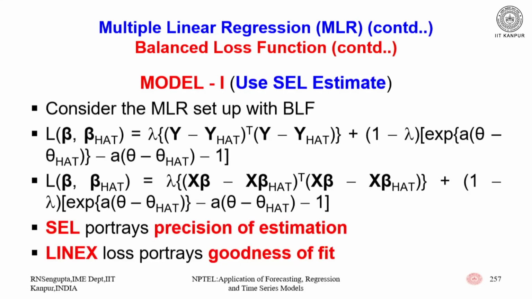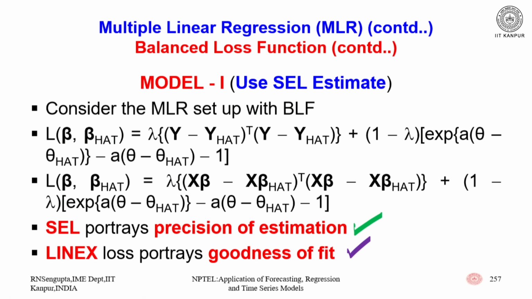Now, what we want to do is, we will pan out the storyline as follows. In model 1, and these important points I will keep repeating for each model, the squared error loss portrays the precision of estimation, which is related to the concept of the beta, theta values, and LINEX loss is used to find out the goodness of fit, and we are already incorporating that in the model and then proceeding.